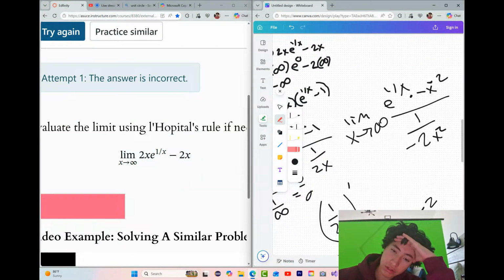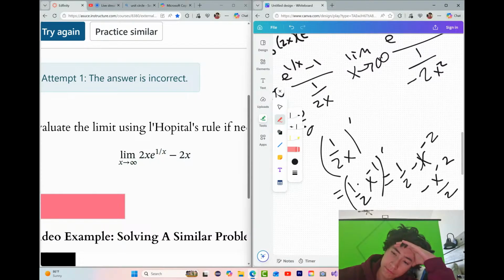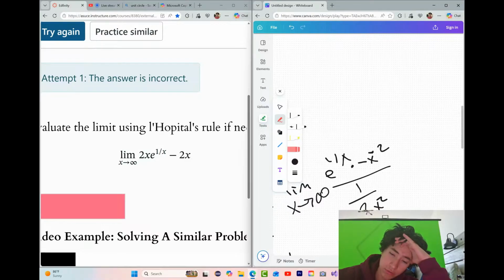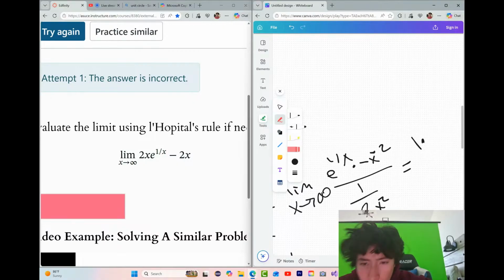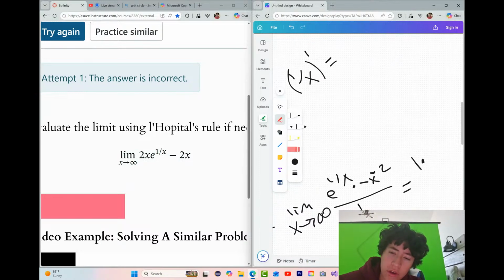Let's see. Is that what we got? Oh, yes. Okay. So now let's see if we can apply L'Hopital's rule. So then we get 1 times, and why do we have a negative 2? Okay, and 1 over x, the derivative is 1 times x to the power of negative 1, equals negative 1 times x to the negative.